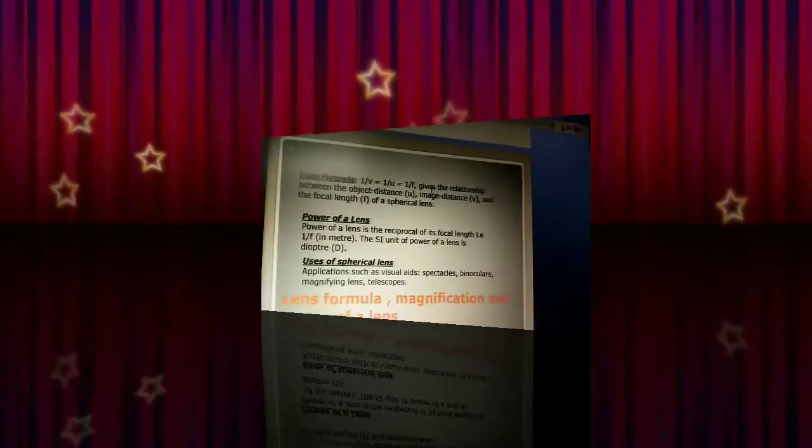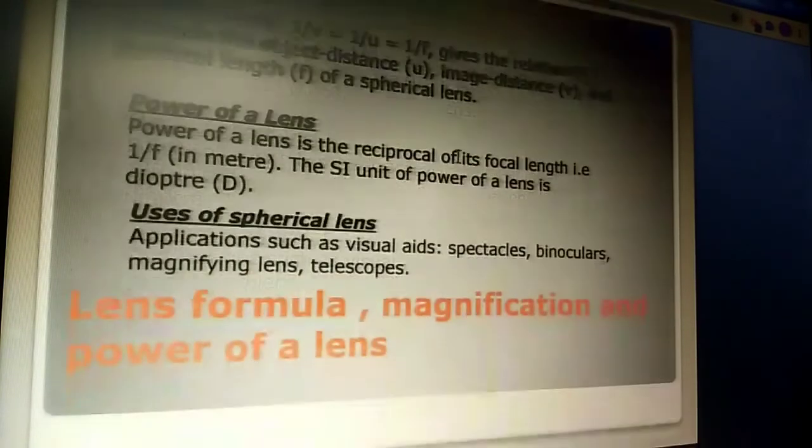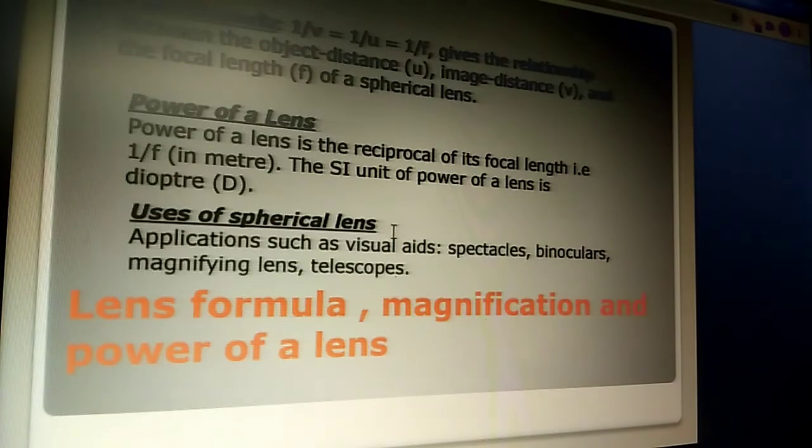The lens formula relates the object distance, image distance and focal length. Then what is magnification? Magnification is about the size. Magnification is equal to v by u, or height of the image by height of the object, whereas magnification in the case of mirrors is minus v by u.